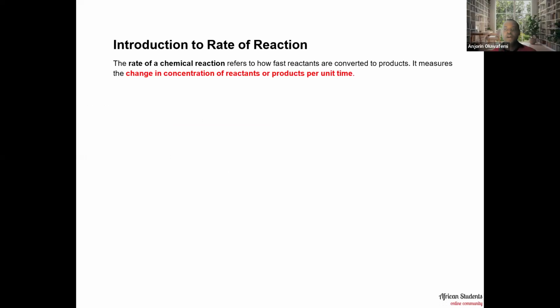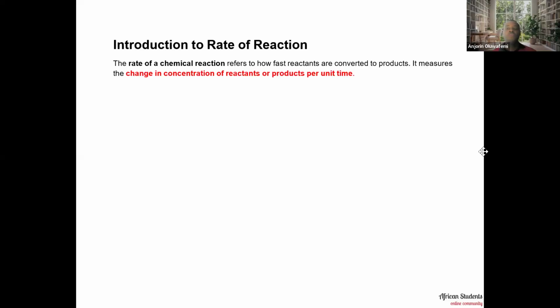We are going to be defining rate of chemical reaction to be how fast reactants are converted to products. So it is all about how we get reactants from just being reactants to the product side.